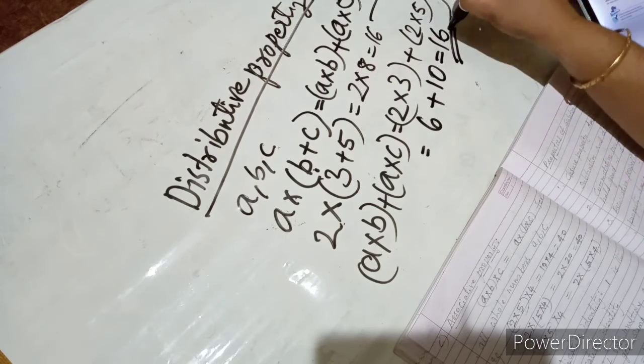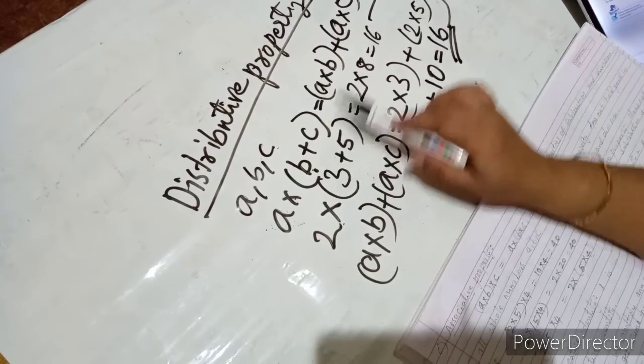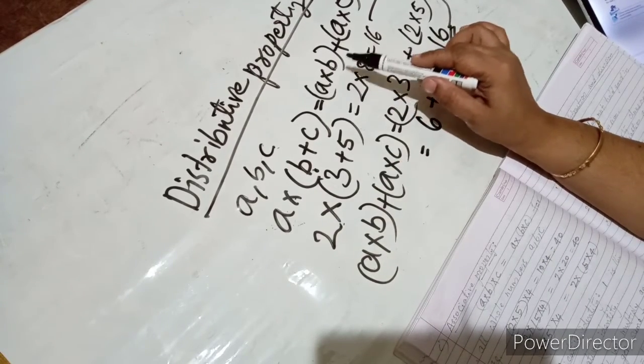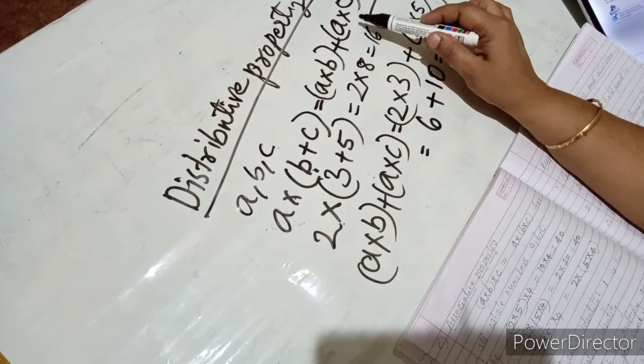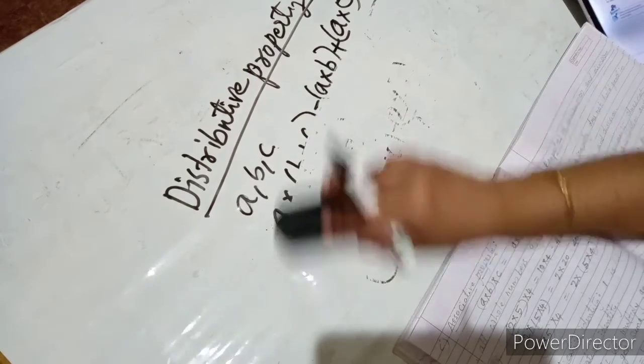So these two numbers are same. That means A multiplied by B plus C is same as A multiplied by B plus A multiplied by C. This is distributive property.